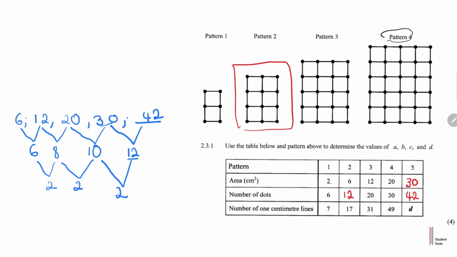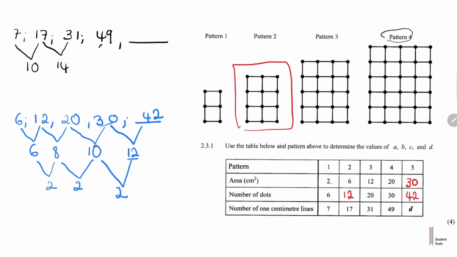For the sequence of the number of 1 centimeter lines, we have 7, 17, 31, 49, and D. So now we will try to find the value of D using this sequence. Let us first check the first differences. We have 17 minus 7, that is a 10. And then we have 31 minus 17, that is a 14.